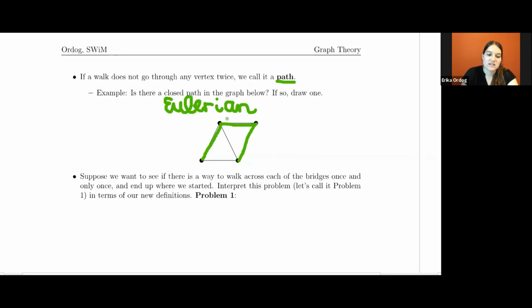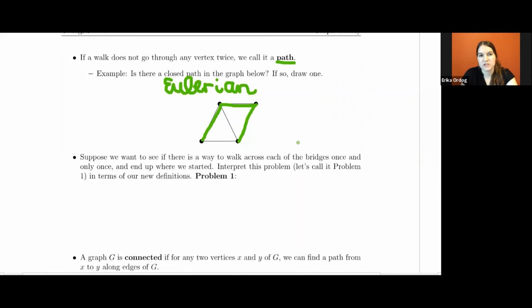Therefore, the fact that this vertex has degree 3 is what gives us a problem here. There will only be a closed Eulerian path if the degree of each vertex is 2 or less. And in fact, the degree of each vertex will have to be 2.